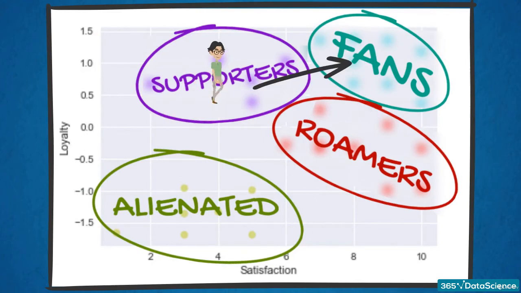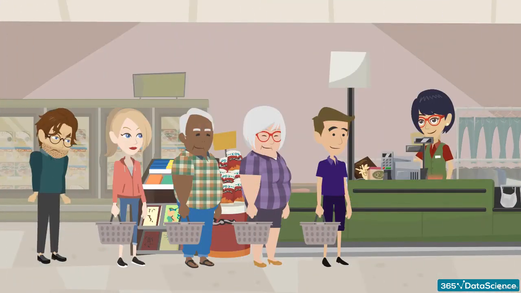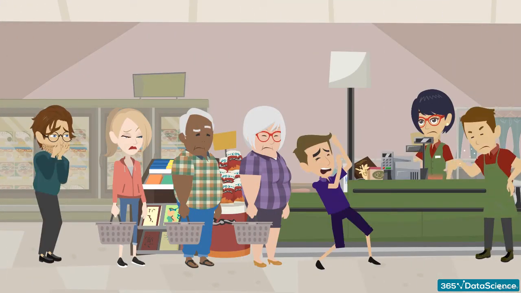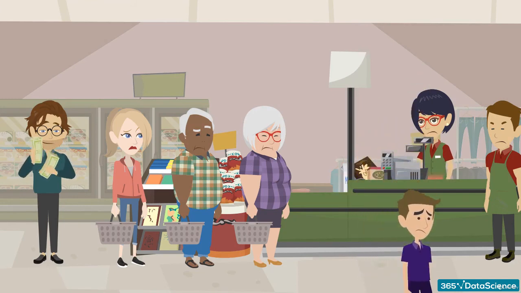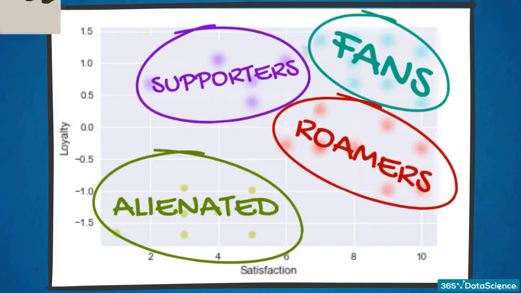It makes sense to focus our efforts to turn supporters into fans by improving their shopping experience. Normally, we would have to dig deeper to find the drivers of dissatisfaction for these customers. Maybe it is long queues, or unfriendly staff, or perhaps high prices. Whatever the reason, we must take actionable steps to fix the issue and make our supporters happier.